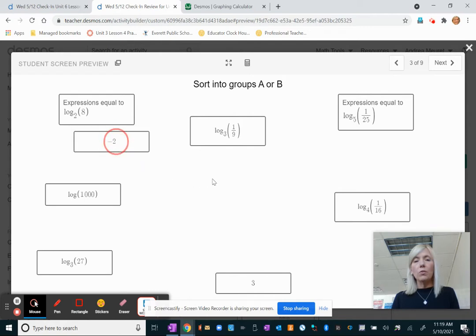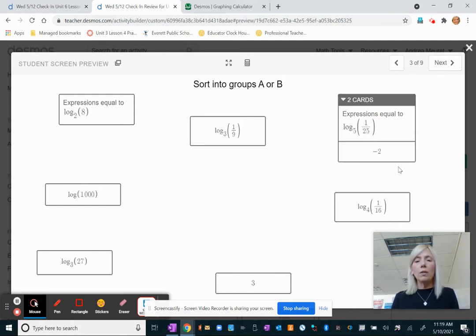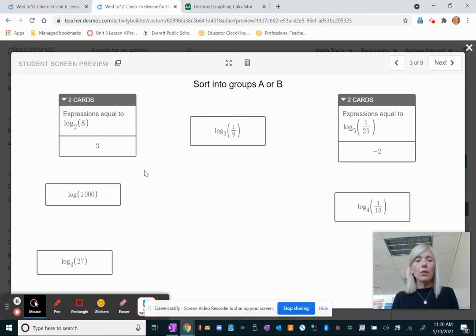This -2 goes into the second group because since 5 squared is 25, 5 to the -2 is 1/25. And then the whole number 3 is going to go in the first group because 2 to the third is equal to 8. So log base 2 of 8 is equal to 3.